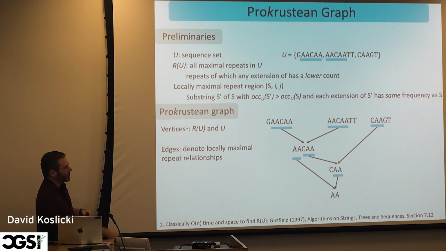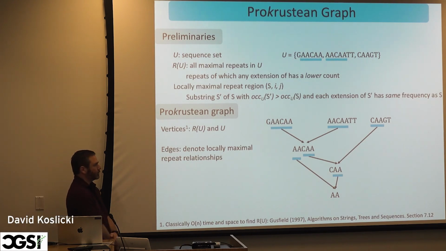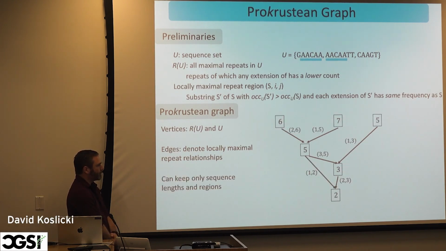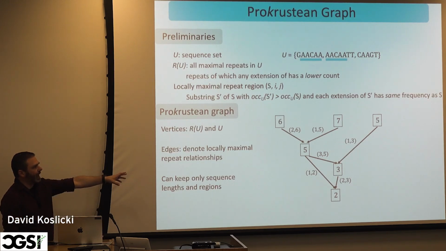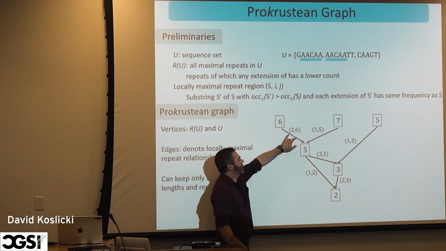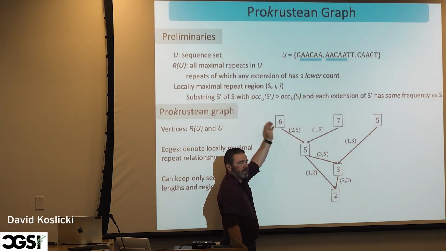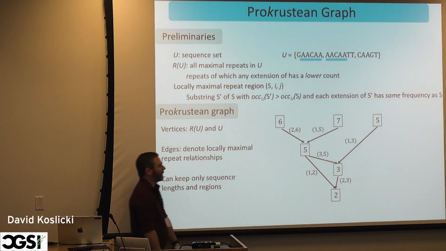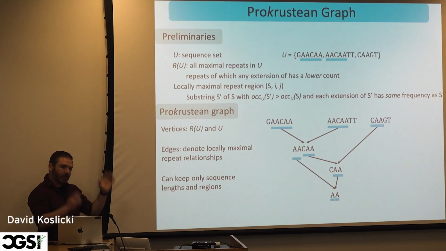For each one of these regions that's a locally maximal repeat region, I draw an edge. Okay. You don't have to keep the sequences around if you don't want to. And indeed, in our most efficient implementations, you just keep track of the start and end of the different regions and index the number of strings that you have with integers. But since we're looking at an example here, I'm going to leave all my sequences there.